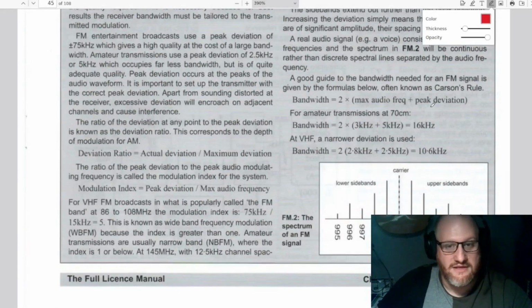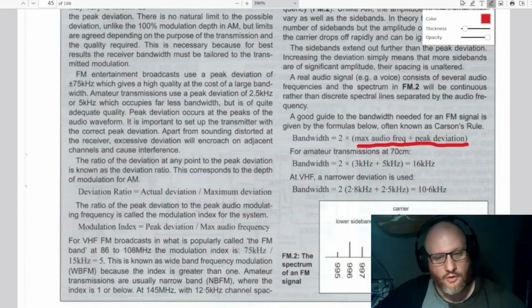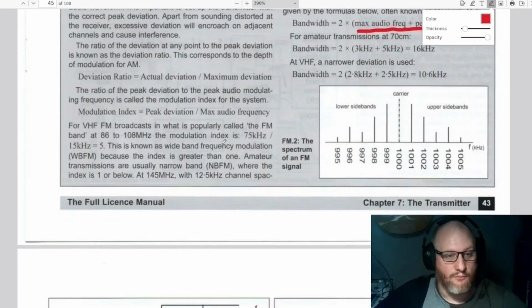and actually this section does go into that and shows how the overall bandwidth is the maximum audio frequency plus the peak deviation, multiplied by 2. So while the bandwidth is a good way of understanding the amount of spectrum that is required to transmit a signal, if we can take these two values and express them as a ratio, it allows us to more directly compare two transmitted signals which could have wildly different peak deviations or maximum audio frequencies, and that's how we end up with the modulation index, which is the peak deviation divided by the maximum audio frequency.